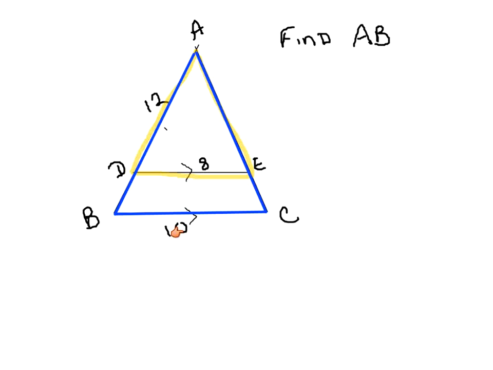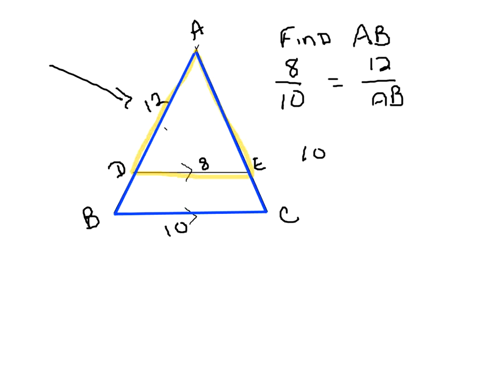So if I take the side of the smaller, or the 8, it corresponds to the 10. And this side over here, the side of the yellow is 12, and it would correspond to the AB.